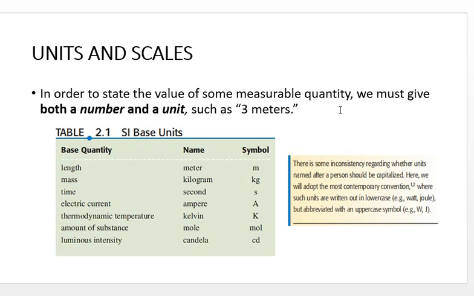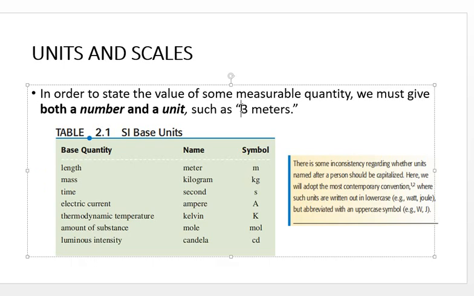Okay, so for the units and scales. In order for the values to have a measurable quantity, we must give both a number and a unit, such as 3 meters. Okay? So when we solve here, we don't just state the number alone, but we have to state both the number and the unit. When your answer is 3, for example, that means nothing.